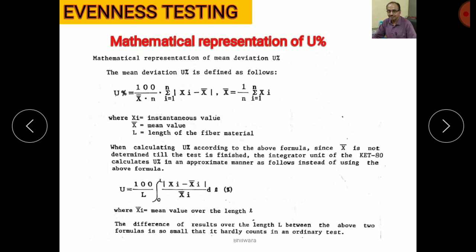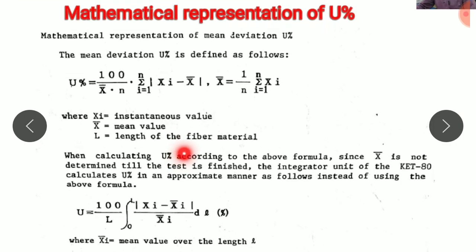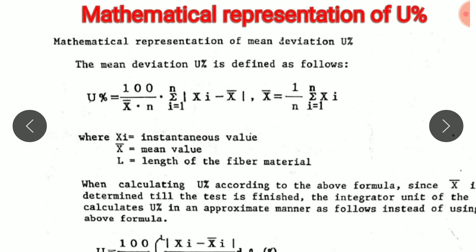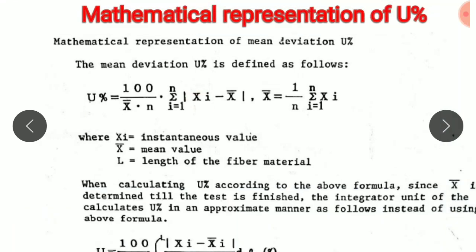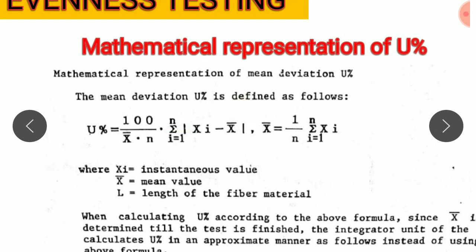Now mathematically, we had discussed earlier that U percent is percentage mean deviation. Each individual value, say xi, its deviation from x bar, the overall mean of the yarn mass per unit length, we take the modulus value and then sum all these.